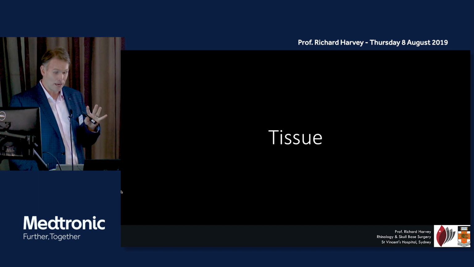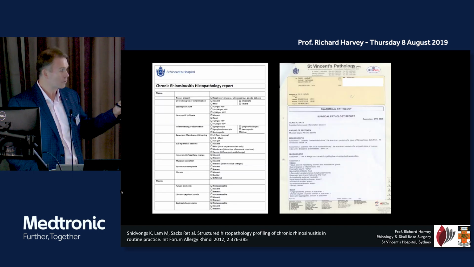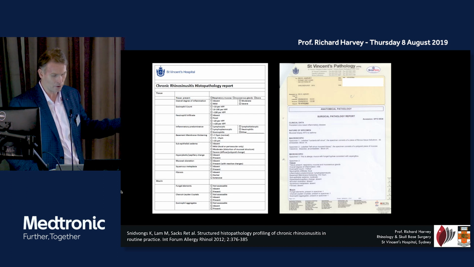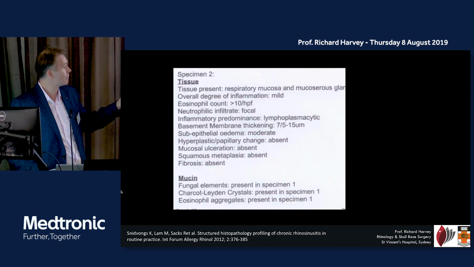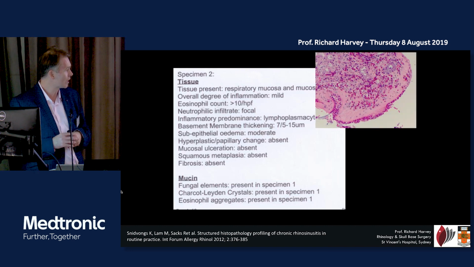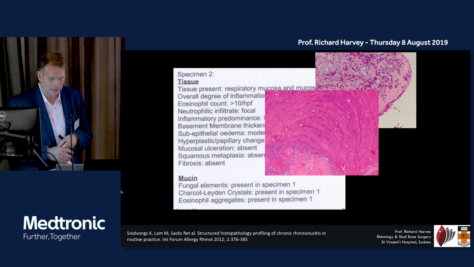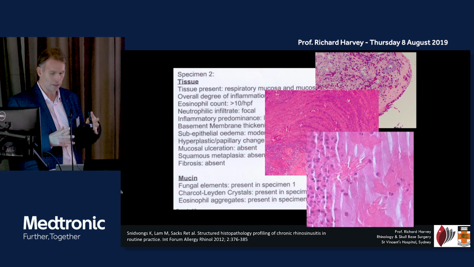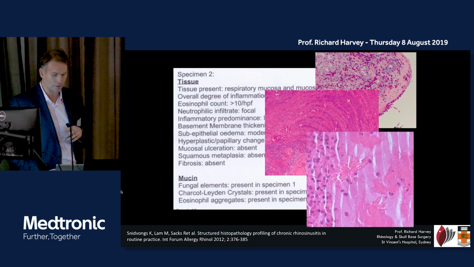This is because these patients, if you look on tissue assessment, which we do now routinely here in Sydney, we're very fortunate to have a group of pathology labs which all are prepared to give a histopathology report that gives us some feel for the degree of tissue eosinophilia, eosinophil aggregates in the mucin, Charcot-Leyden crystals, and evidence of eosinophil activation, that it's an inflammatory eosinophilic condition in these patients, and we really use tissue to make that final diagnosis.